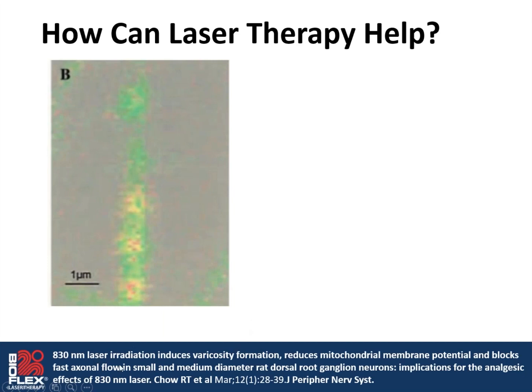Oh, here's a reference. Good, I actually do have it down here. So what you're seeing here is, I believe, an electromicrograph, and you can see this is a normal axon. And then when this axon was irradiated with 830 nanometers, that's exactly the wavelength that we use in our laser probes, by the way, you can see what happens.